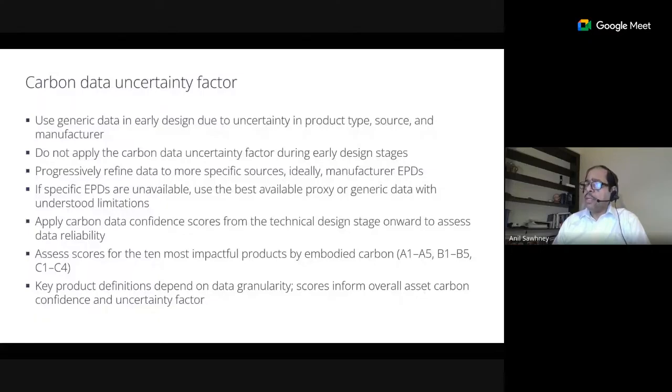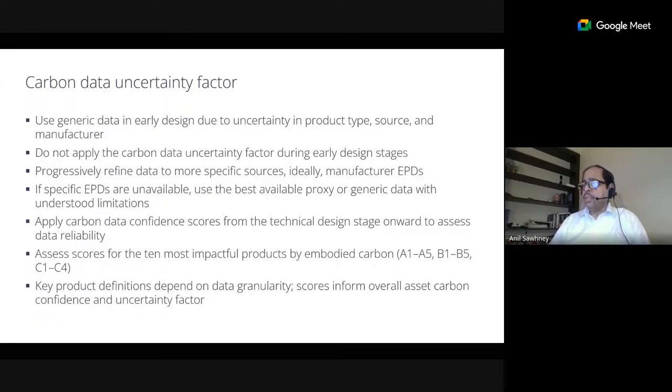But when we begin progressively refining design information, meaning refining data to more specific sources, and we start using EPDs, then based on the quality of that data, quality of the EPDs, we start to assign this uncertainty factor for carbon data.